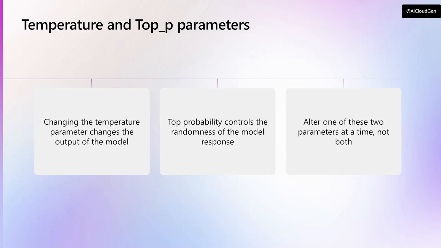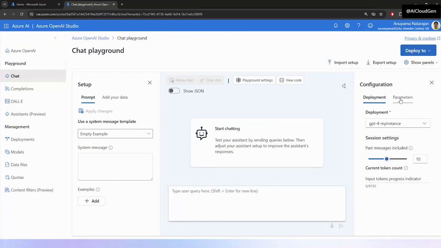There are two parameters of the large language model that you can fine tune in order to get your desired output. They are the temperature and top_p parameters. The temperature parameter is something you can change, which changes the output of the model. You may be wondering where to go and change these things. If you go to your chat interface, on the right hand side you can see parameters.